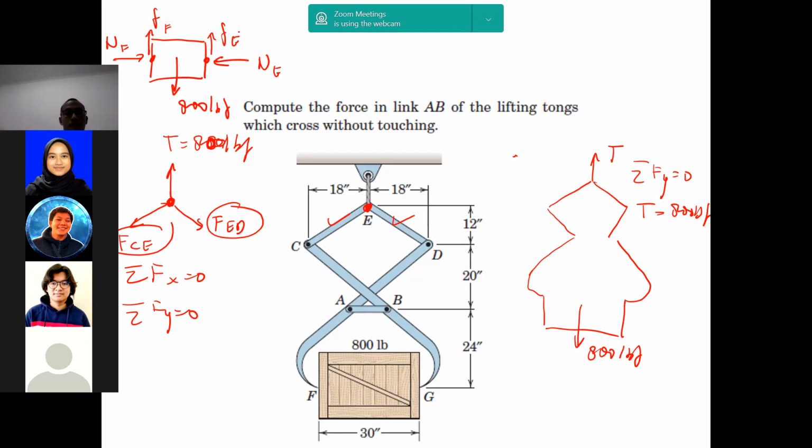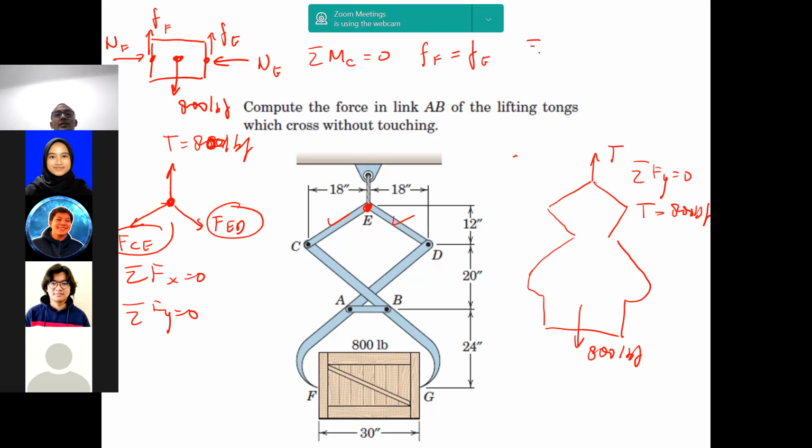Okay. If this one is exactly in the middle, using sigma moment in the center equal to 0, what we will get is FF will be equal to FG.